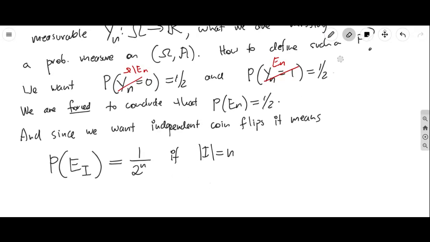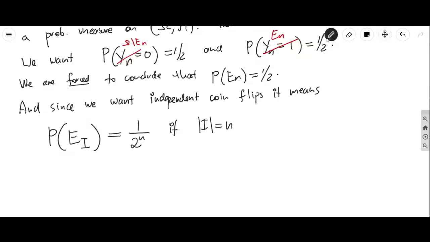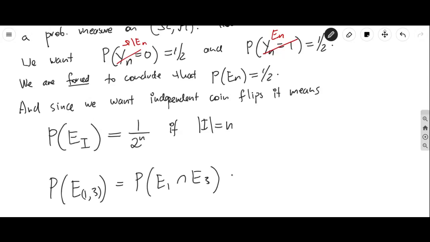If you're confused by that, let me just show you a very simple example. What would be the probability of E_{1,3}? That's your multi-index. Well, what is that supposed to represent? That's E_1 intersect E_3. We're basically saying, what's the probability of getting heads on the first outcome and heads on the third outcome? Well, if the two tosses are independent of each other, it should be 1/2 times 1/2.